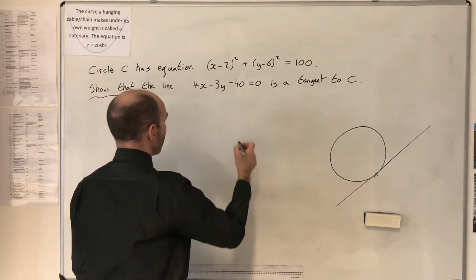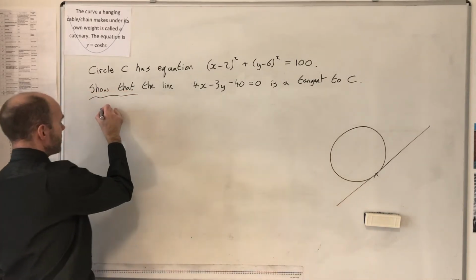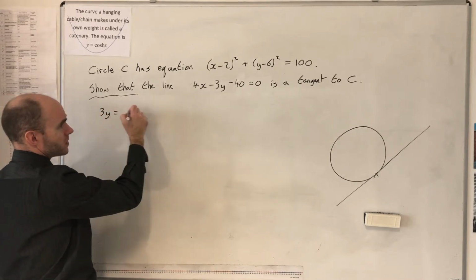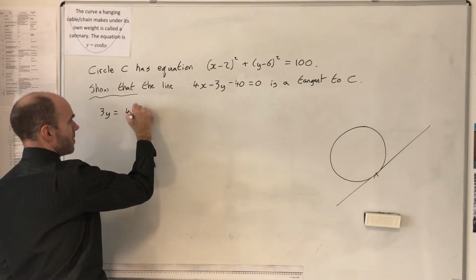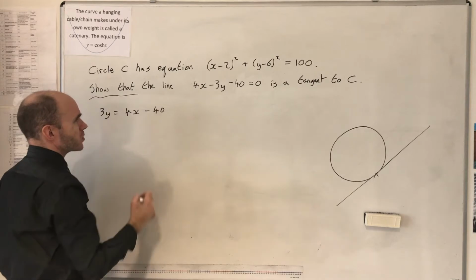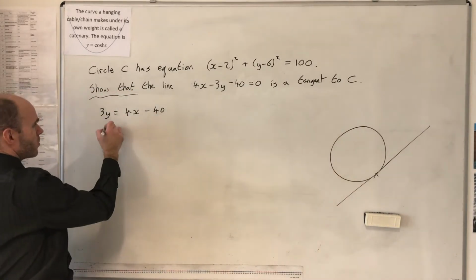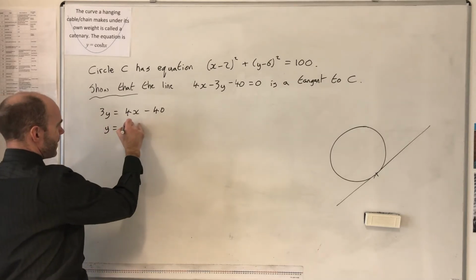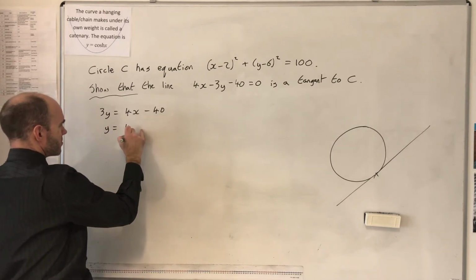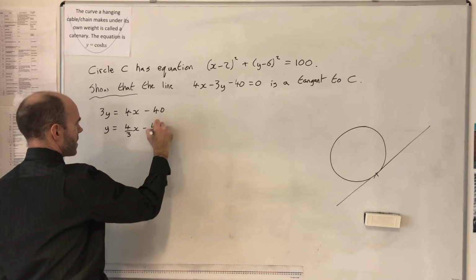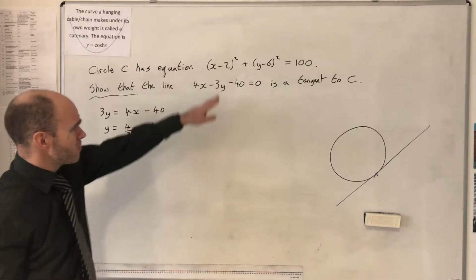So that will be 3y = 4x - 40. And then we'll need to divide throughout by 3. So that will be y = (4/3)x - 40/3. And then we'll put it in here.